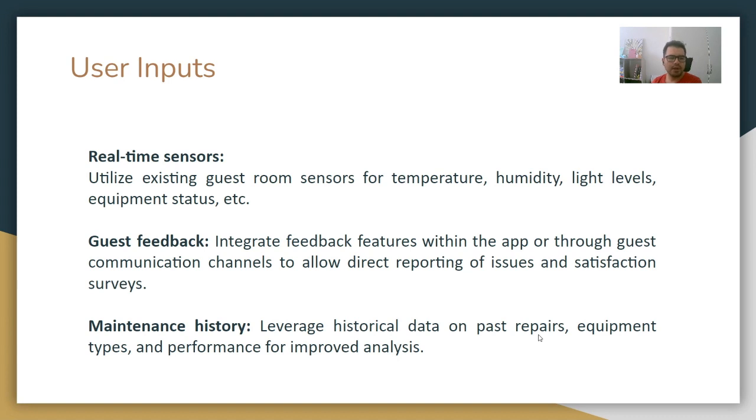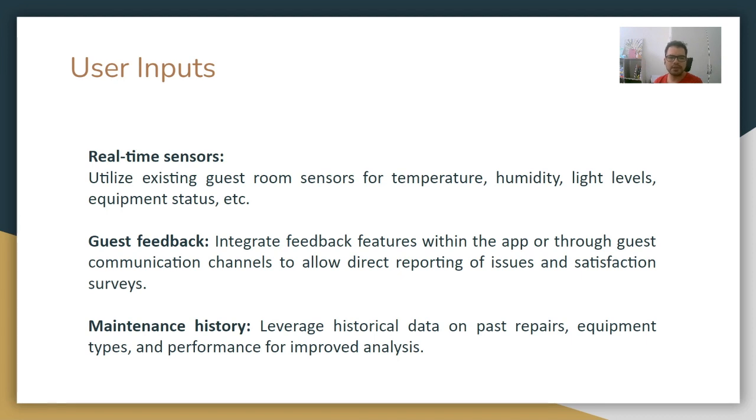Now we are going to analyze some important ethical issues, or possible ethical issues, that could appear in the development of our AI product. For example, in user inputs, real-time sensors: utilize existing guest room sensors for temperature, humidity, light levels, and equipment status.